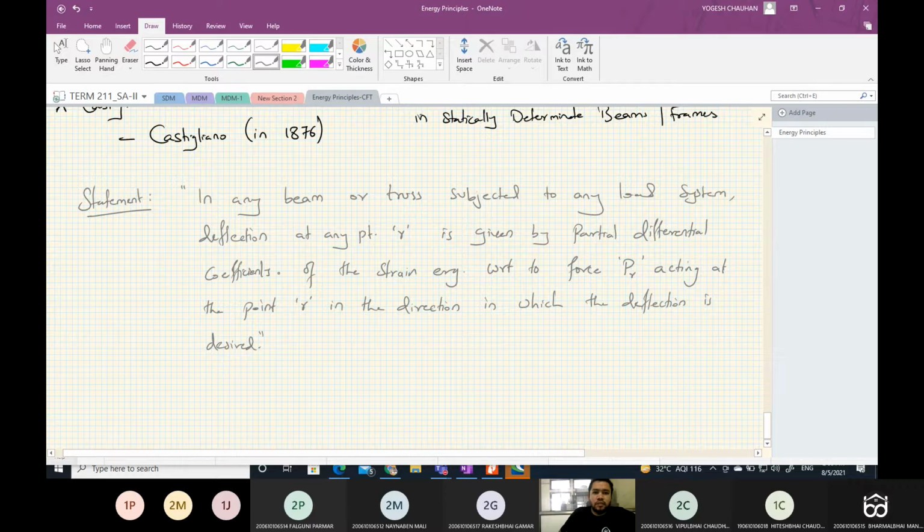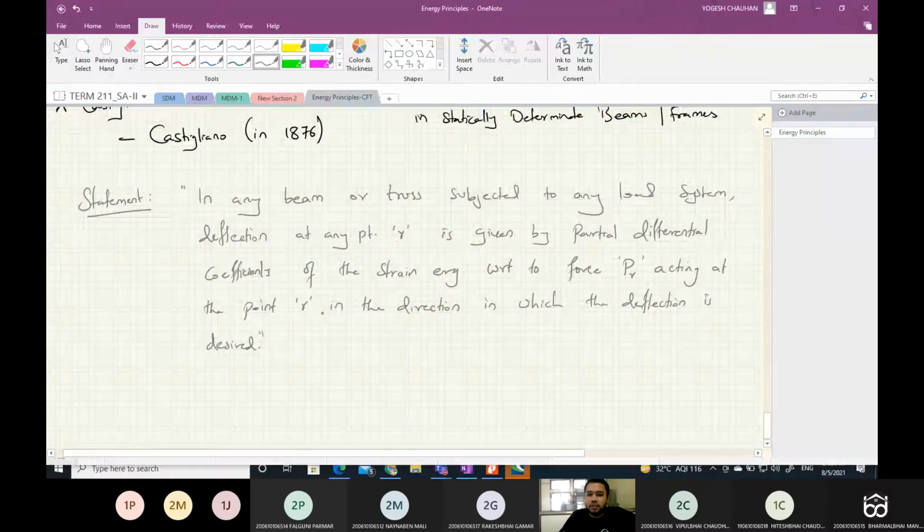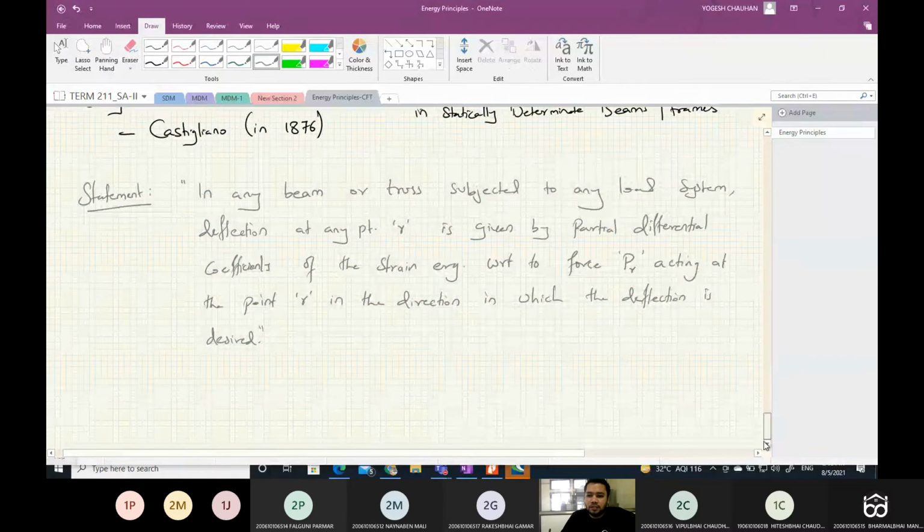This is the statement. In any beam or truss subjected to any load system, the deflection at any point R is given by partial differential coefficients of the strain energy with respect to force PR acting at point R in the direction in which the deflection is desired.